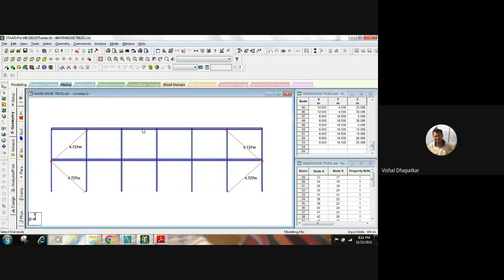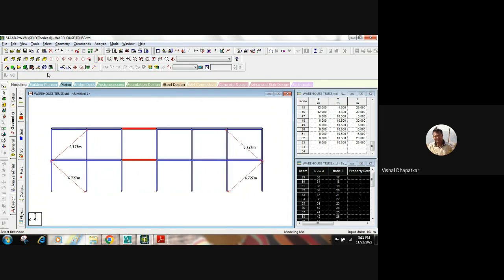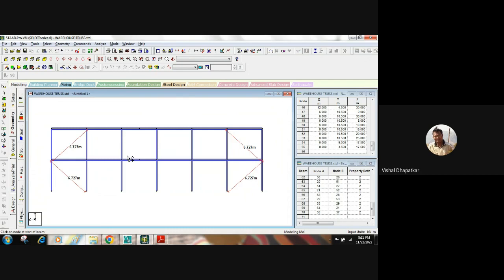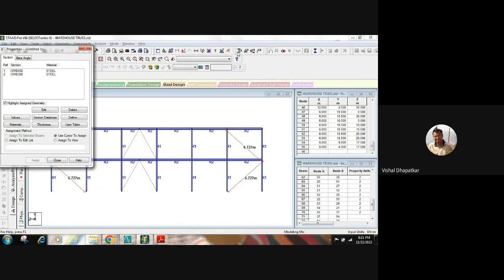So we'll add bracing somewhere in the middle. So just add a section size to it.